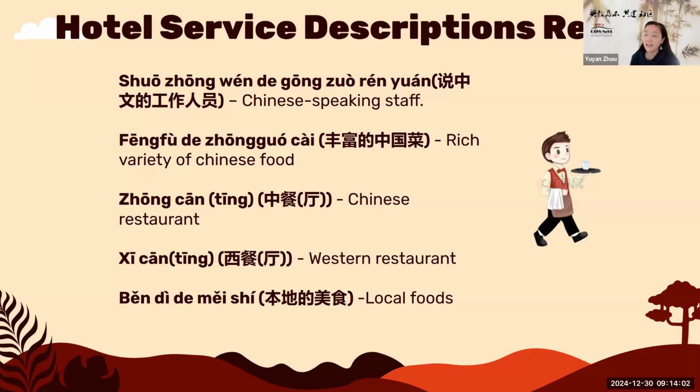Let's say just use your real work situation, and if you have a customer say, hey, do you guys have Chinese speaking staff? You can either tell them, yes, we do have Chinese speaking staff, or you can tell them, no, we don't. How do you say that in Chinese?